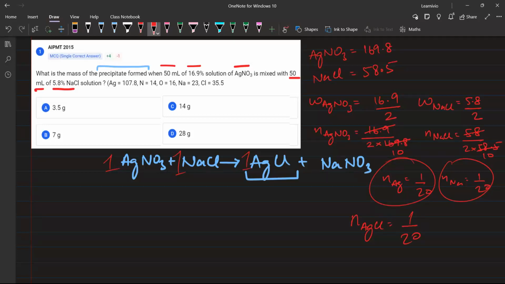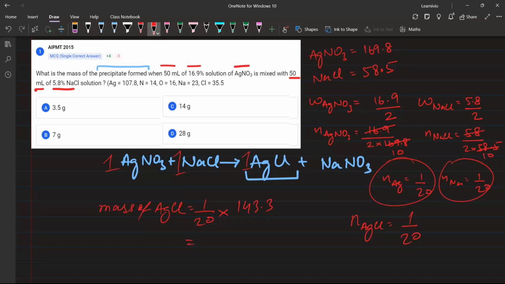Once you have 1 by 20, now you can get the mass of AgCl, which is equal to 1 upon 20 multiplied by the molar mass of AgCl. It will be 107.8 plus 35.5, which is 143.3. So 143.3 divided by 2.